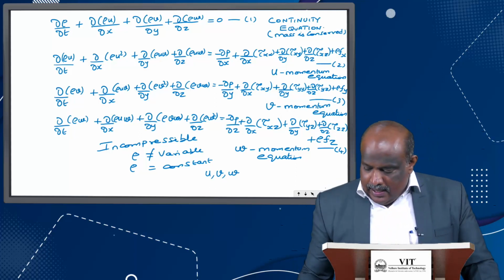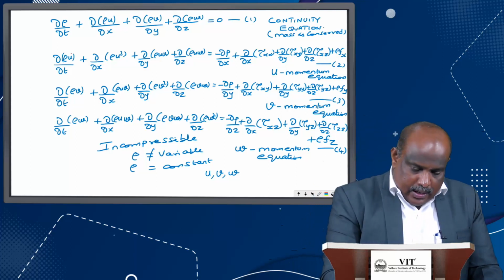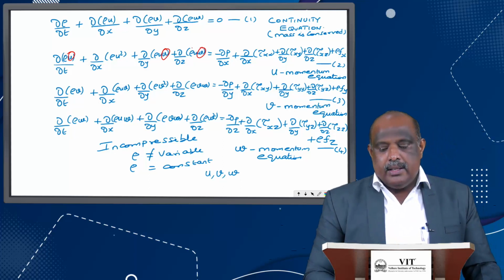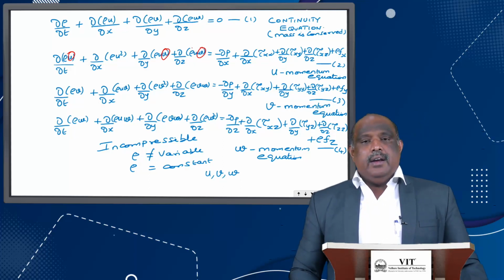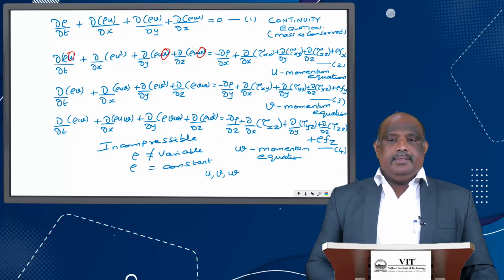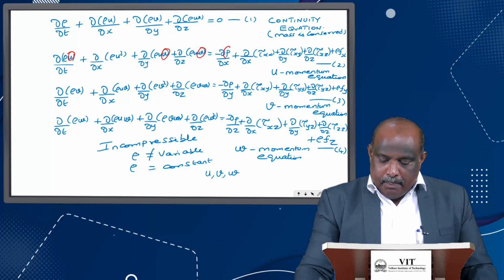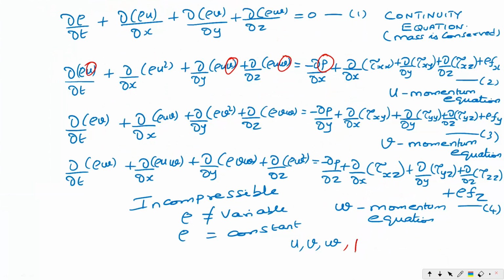You can see here u is there, v is there, w is there. What is the one more variable? Yeah, you are right. The one more variable is my pressure. So there are how many variables? There are 4 variables. How many equations? There are 4 equations, if I am going to join continuity.